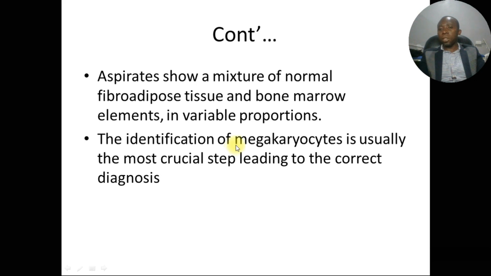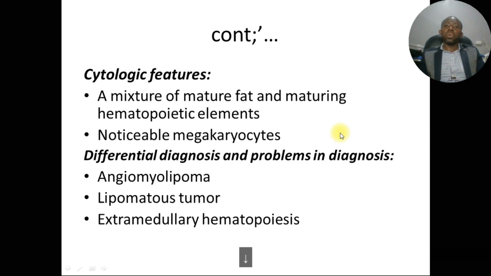When we identify the megakaryocytes, and we look at the clinical history and the site the aspirate has been gotten from, and we realize it has come from the adrenal gland, and then we see the megakaryocytes, then this should point to a diagnosis of a lesion in the adrenal gland, and this is something we really need to look at to help us make a good diagnosis.